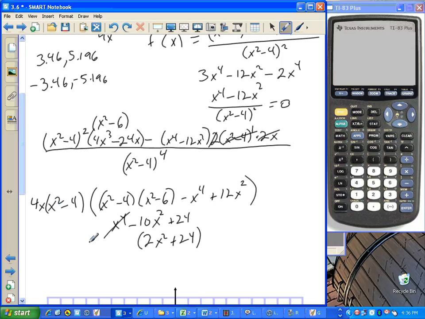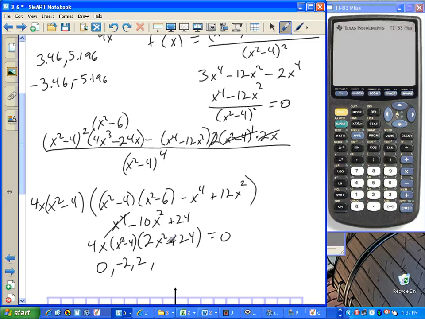Then I've got this still sitting outside. So this equals 0. So my critical points are going to be at 0. This one's going to give me plus or minus 2, but those don't exist again, so we don't have to worry about those. I guess I'll write them down anyways.